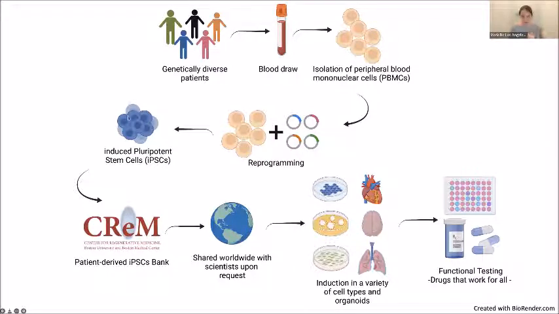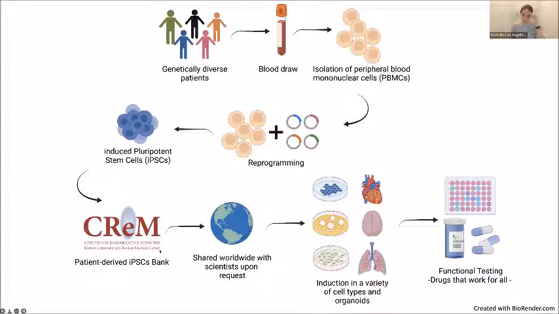Once we have this collection of stem cell-like cells, or iPSC, from many different patients, that means that we'll have different kinds of pathogenic variants. We're going to have also different genetic backgrounds, making a good representation of the whole population. We can store those cells in what is called a bank.